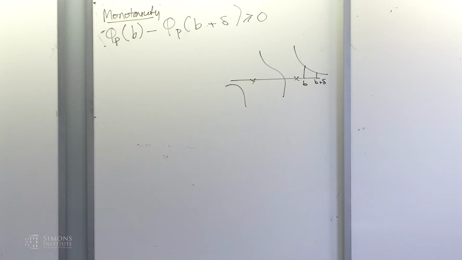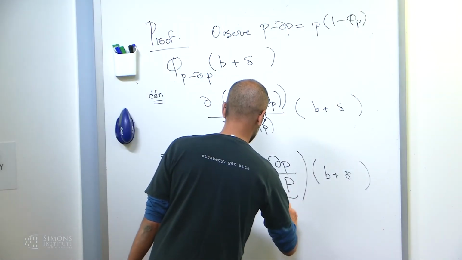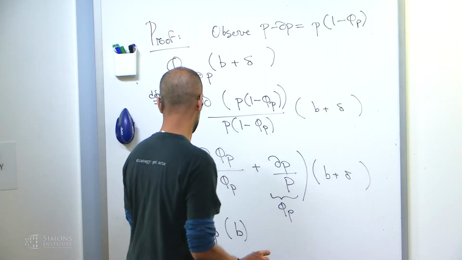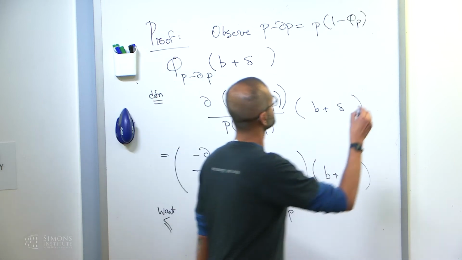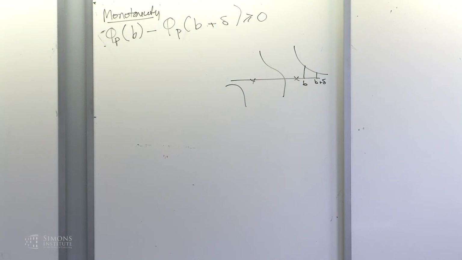What that means is that this quantity is just phi of P, and I can rearrange this inequality.